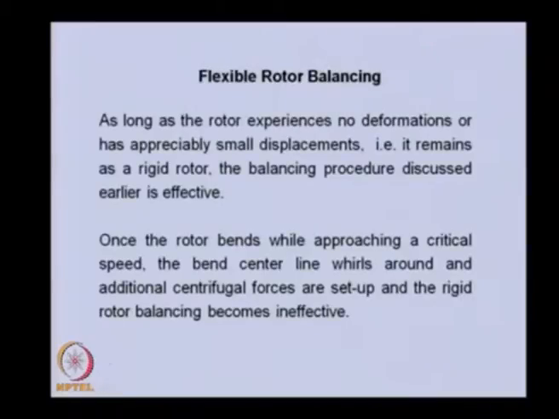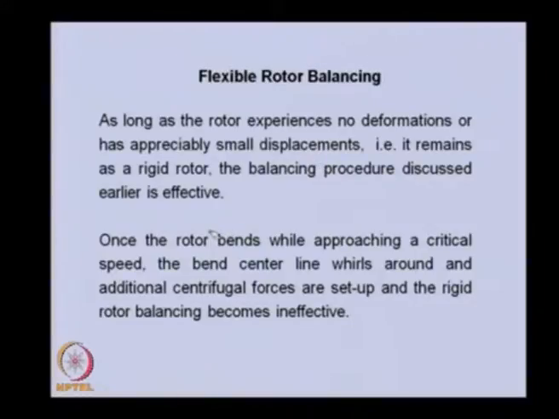When we are talking about flexible rotor balancing, we previously described the difference between the flexible rotor and the rigid rotor. Any long rotor, when it is not experiencing an appreciable amount of deformation, remains rigid, and we can balance it with the rigid rotor balancing methods we discussed earlier.